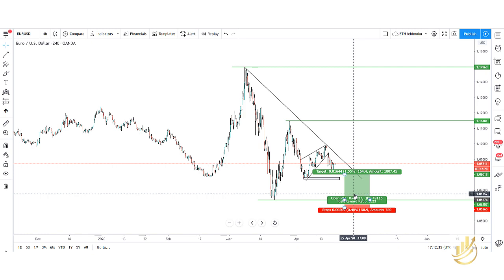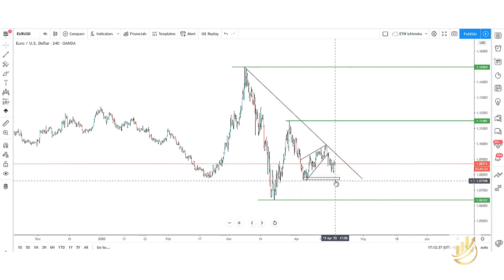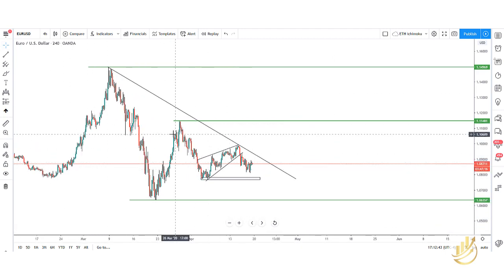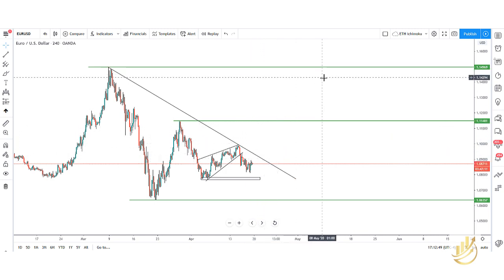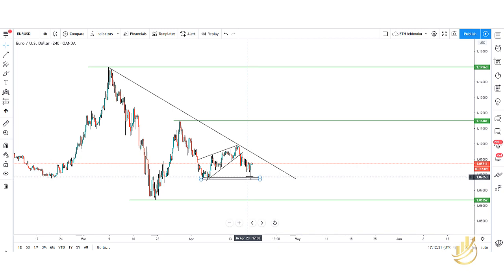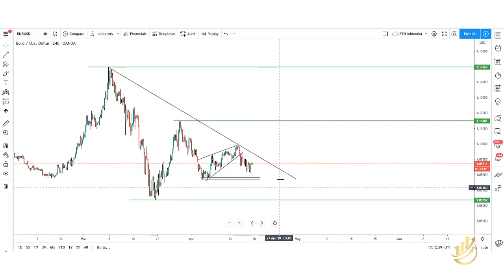For short positions, I will be interested in going short when I see price crossing this level and reaching a few of these heights. But for now, I'll be more towards the long side, thinking that if price can give me some entry here or here, then I will be interested in going long.